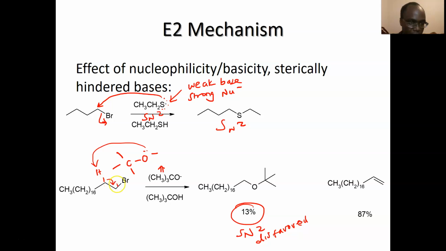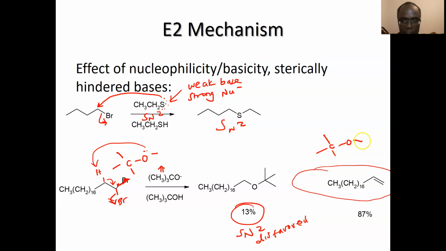And how I wish that this bromine was drawn down here to emphasize the anti-periplanar rule. That's how you'll get this product right here. Okay, and then the base itself is gonna make its alcohol version after accepting the hydrogen, pulling out the beta hydrogen from the substrate. So it depends on the strength of the base and the nucleophilicity of the base, which might happen to be a nucleophile.